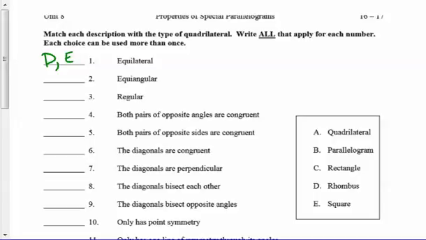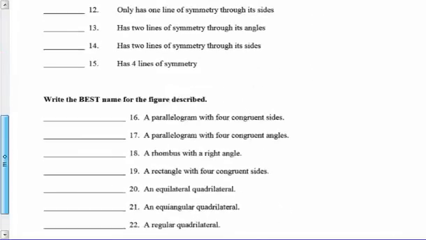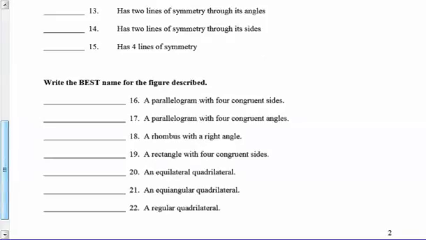So a rectangle is equiangular, and so is a square, right? So go through here and just kind of complete this. You're only putting letters where the property is always true. And the last question's down here, right? Parallelogram with 4 congruent sides. Well, the best name for that would be a rhombus.